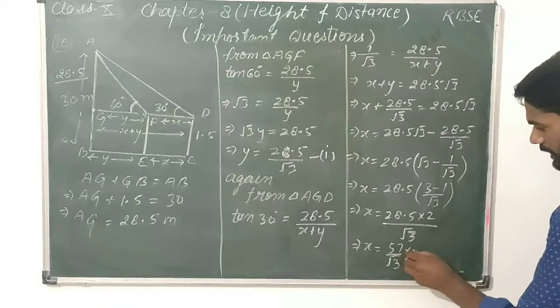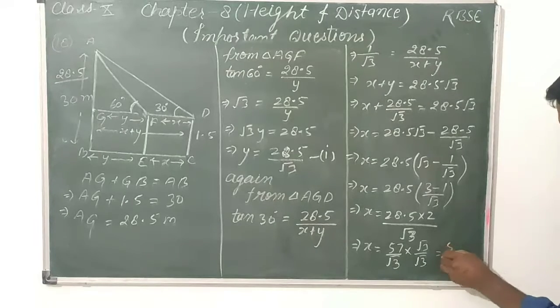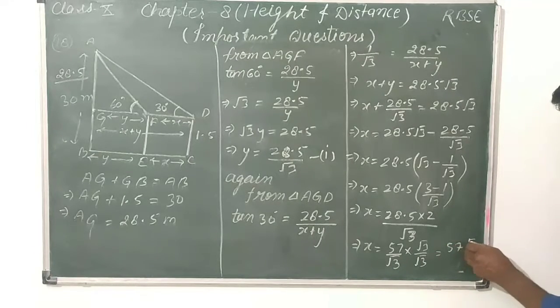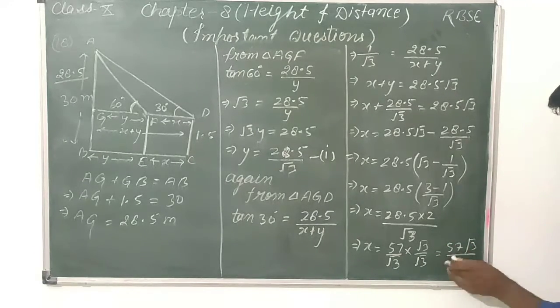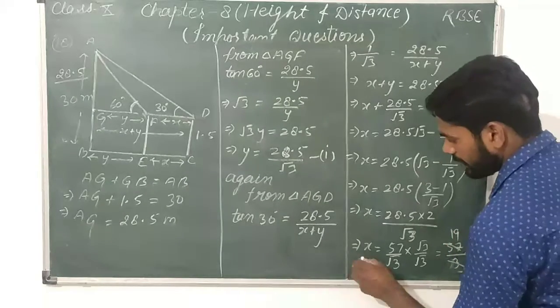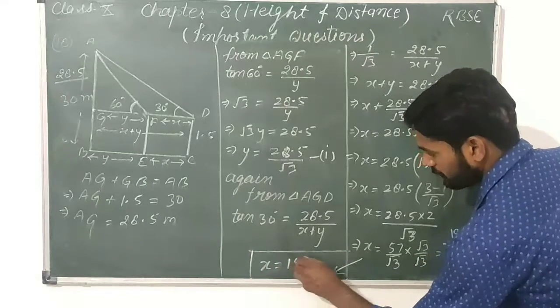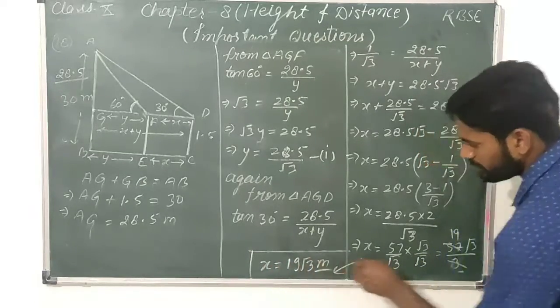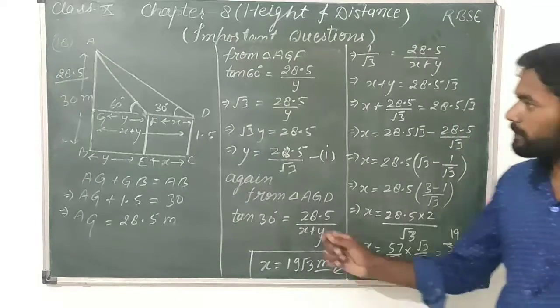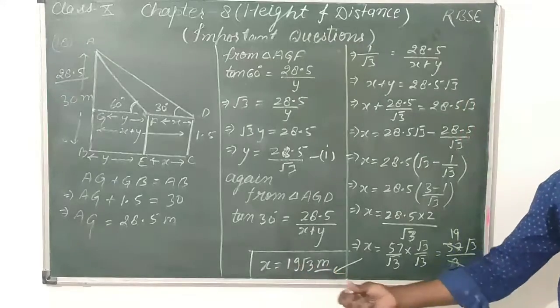Rationalizing, multiply root 3 upon root 3, it becomes 57 root 3 upon 3, which is 19 root 3. So the answer I am writing here, x is equal to 19 root 3 meter. So the distance covered by the boy towards the tower will be 19 root 3 meter.